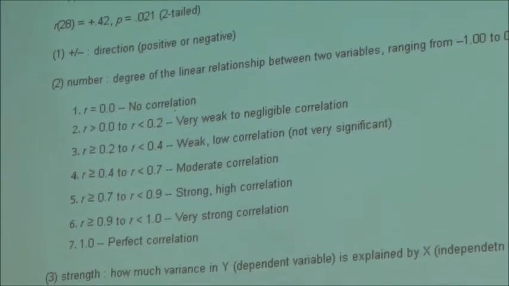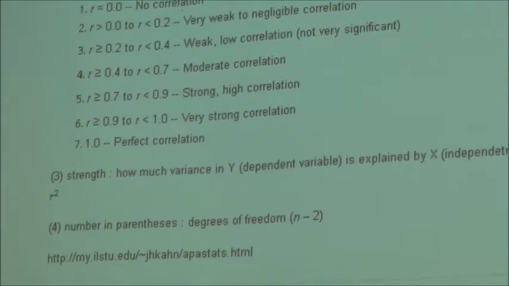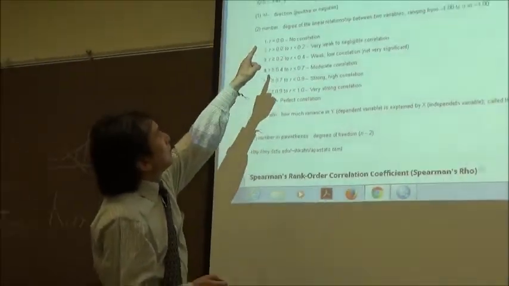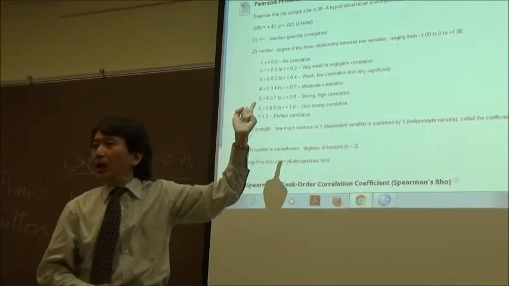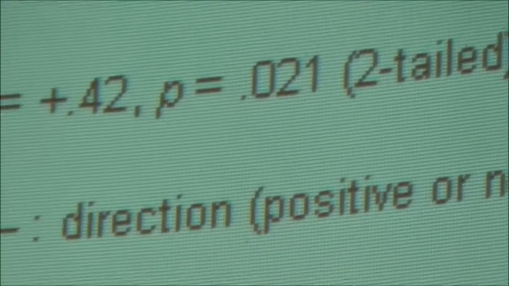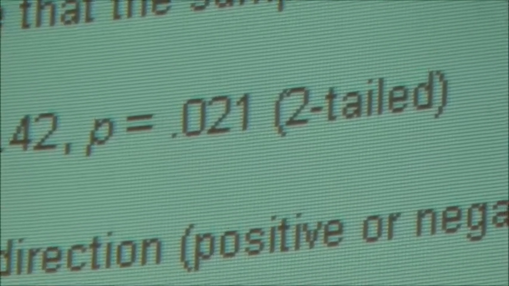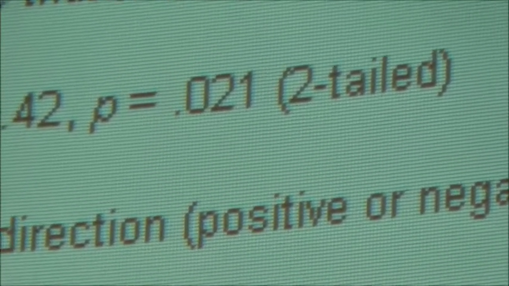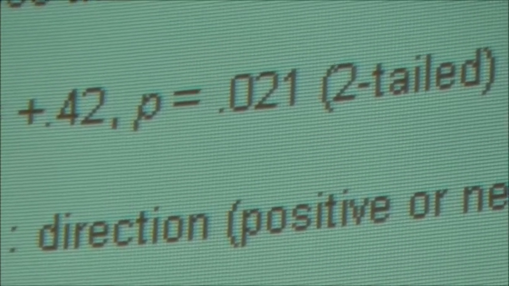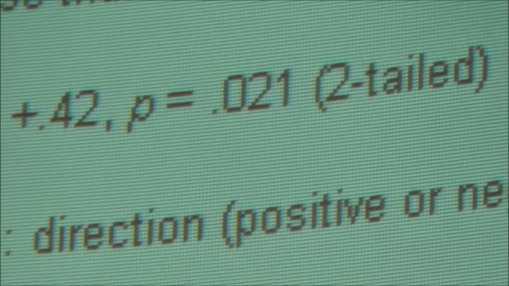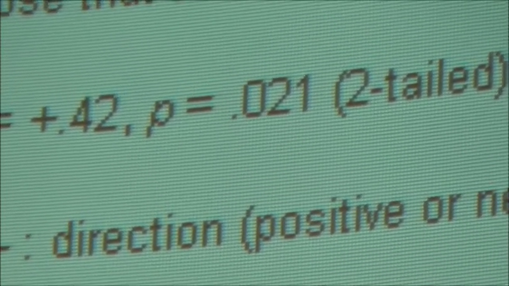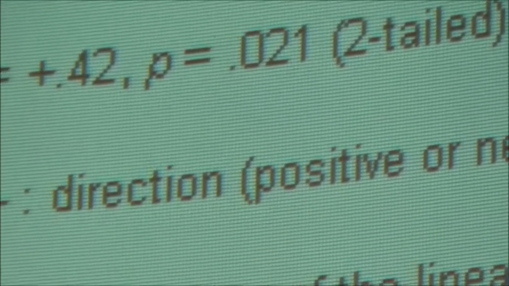A weird thing about R is that the p-value is actually based on the t distribution. There is no such thing as R distribution. Unfortunately, SPSS doesn't show you the actual T score.